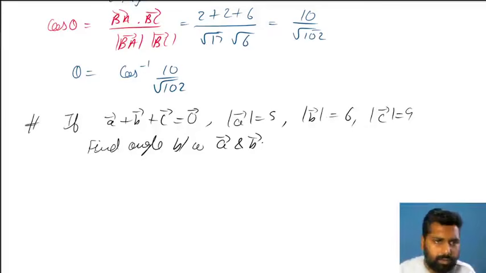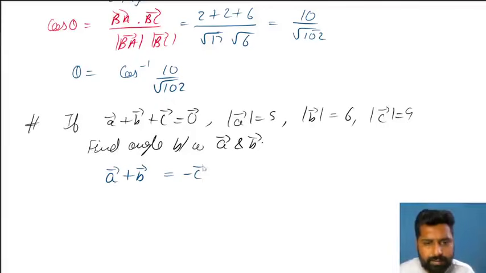So in order to do that, the first step is we want a and b to be together and take c on the other side, and now take their magnitude. Magnitude makes everything positive, so remove the negative sign, then square it.